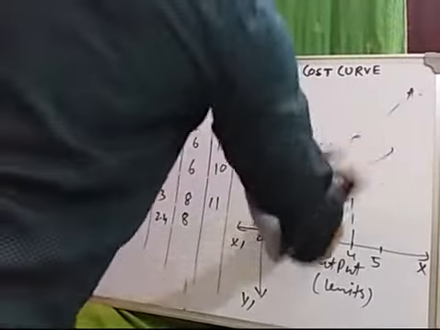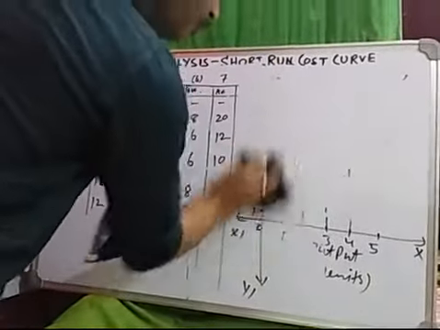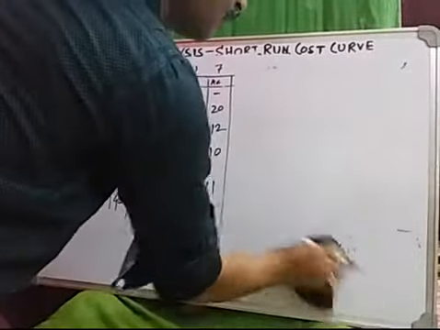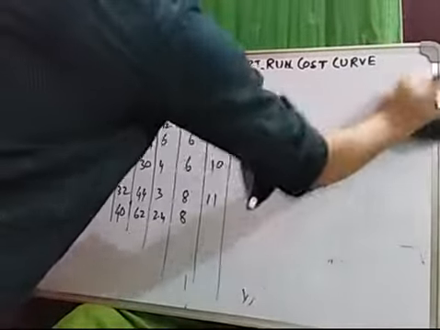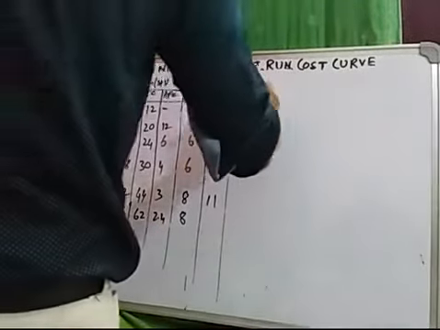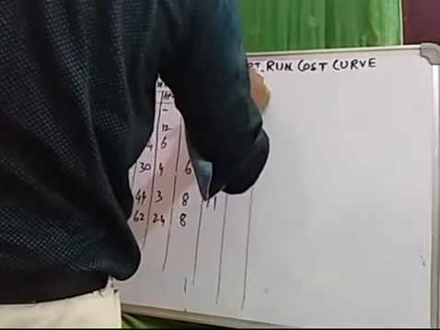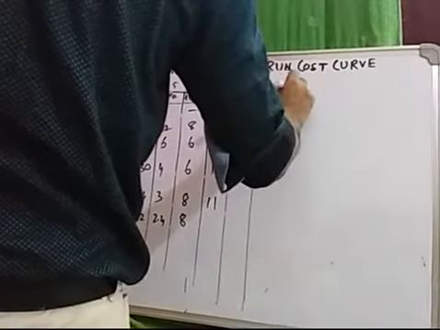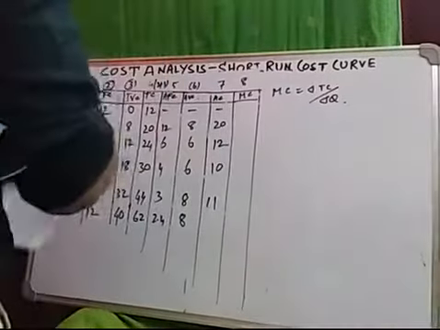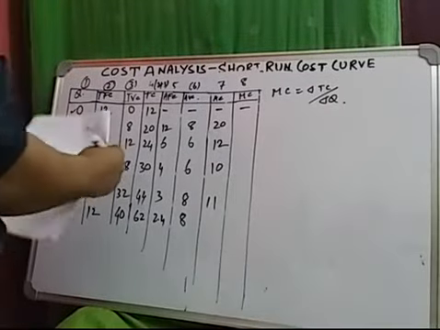Now the more important part is the marginal cost curve, MC. So you know how you can calculate the marginal cost curve. MC is equal to delta TC by delta Q. First coordinate point I am not getting because there is no change.